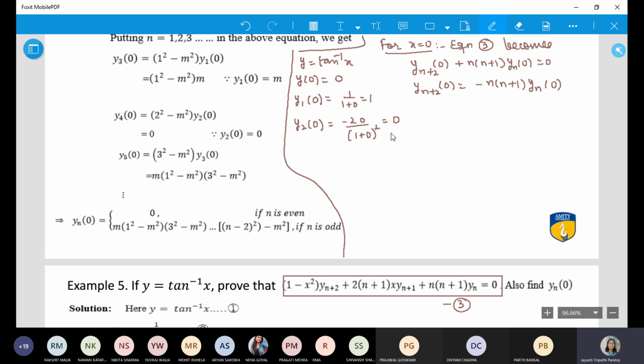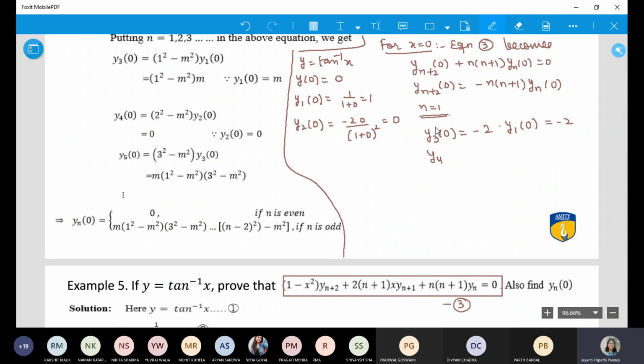Now let's put the values. We will start for y3. The first value I'll put is n equal to 1. So I get y30 equal to minus 2 into y10, and y1 is 1, so that is minus 2.